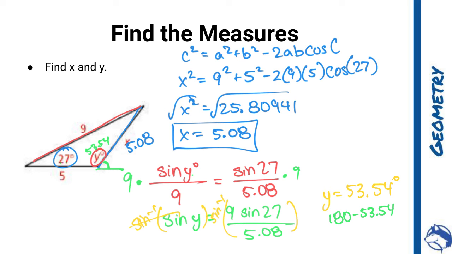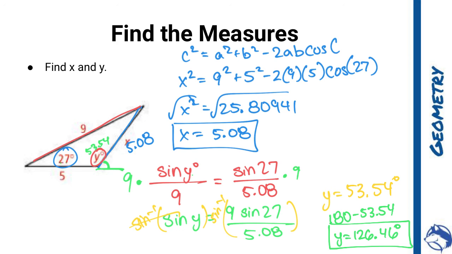So when I do that, I get y is equal to 126.46. And this is the measure of my angle there. So if you are going to use the law of sines here, you do need to think about what that value should be.